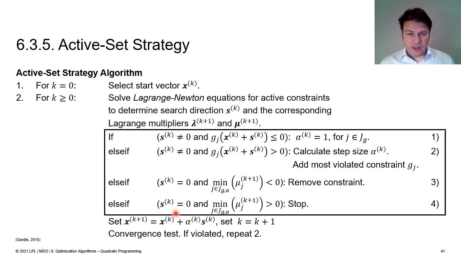And then there is the case where the search direction evaluates as 0 and the smallest Lagrange multiplier evaluates as greater than 0, which means the necessary conditions for optimality are satisfied and we can stop. Let's look into these 4 cases again in more detail.